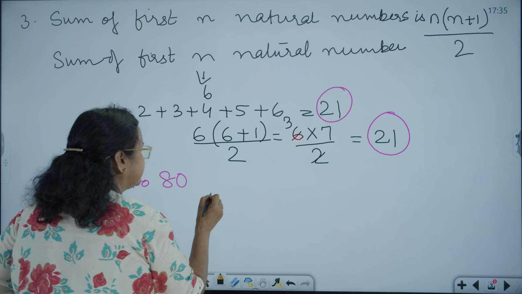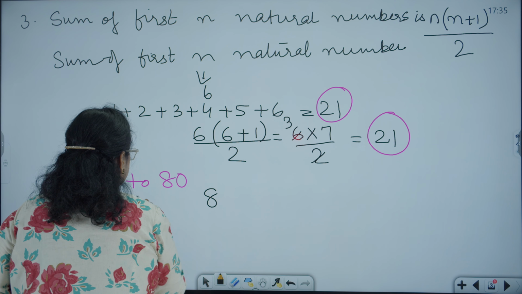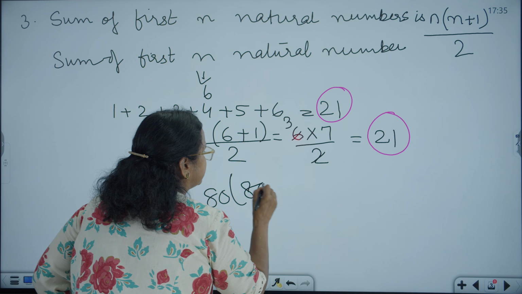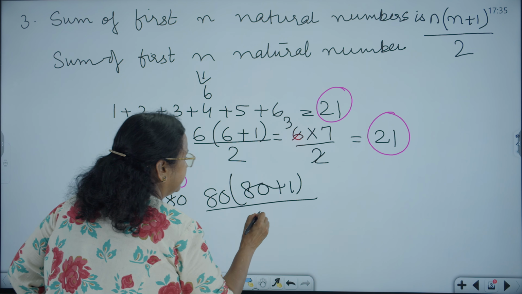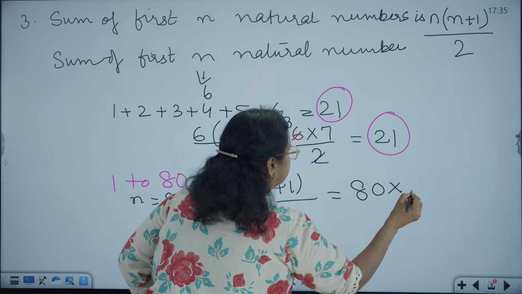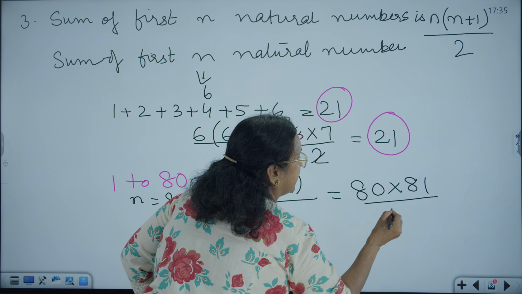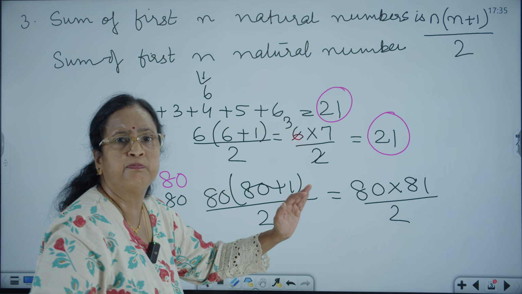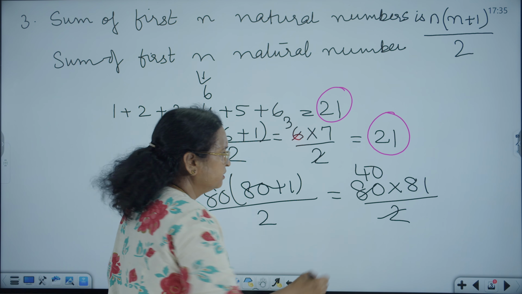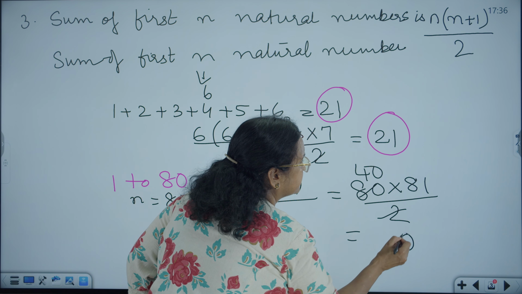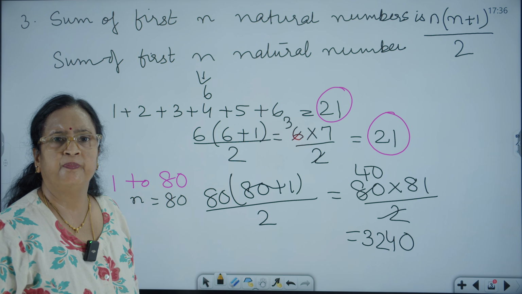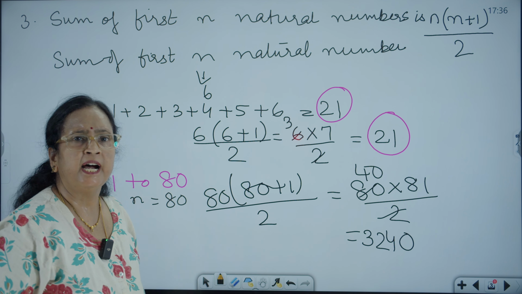So, 80 times (80 plus 1) whole by 2. Here the method which I told is applicable perfectly. Please do not multiply. 80 is divisible by 2. So, easily done: 3240. So, this is the answer.